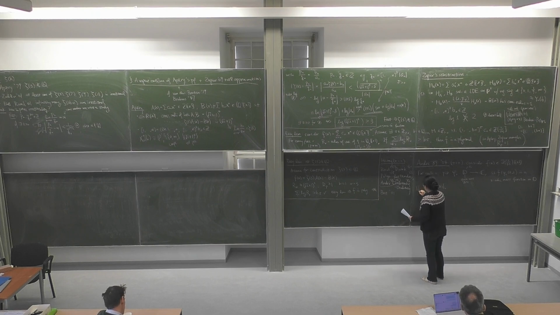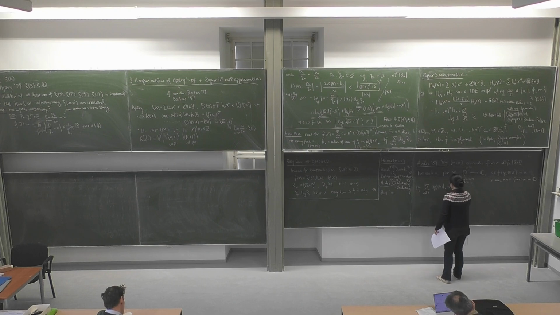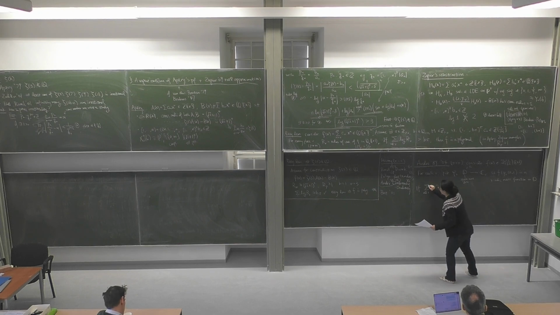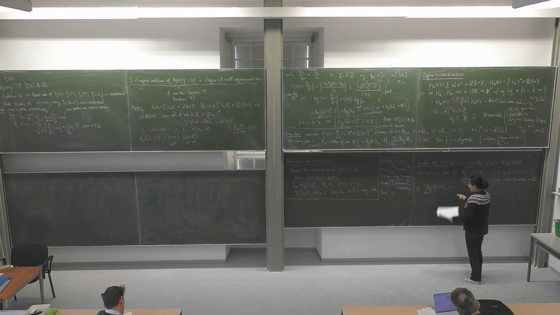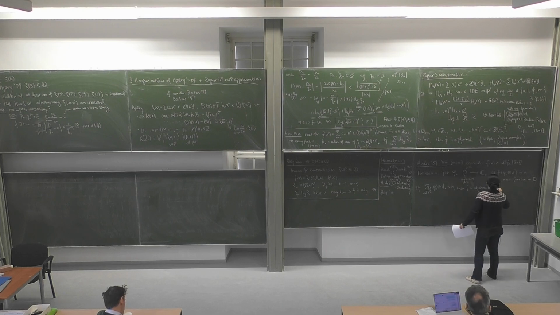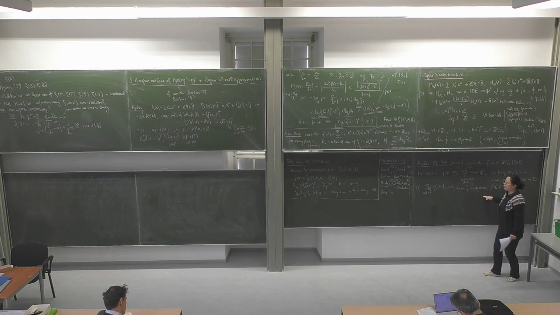If this one is greater than 0, then f is algebraic. Here algebraic means algebraic over Q(x). And this is exactly what showed up in Bost's talk yesterday.